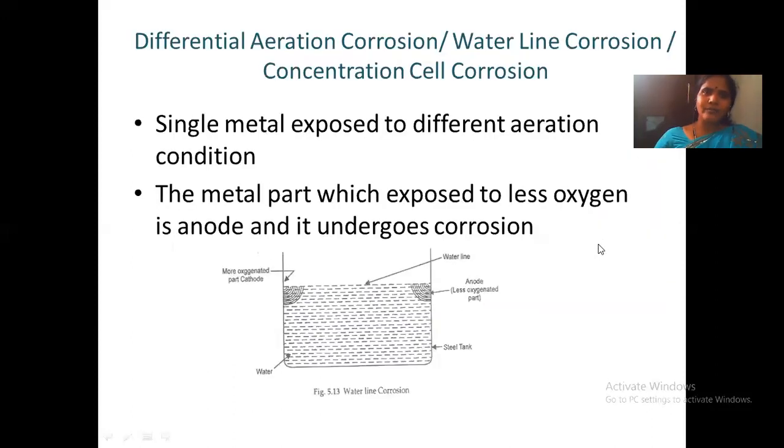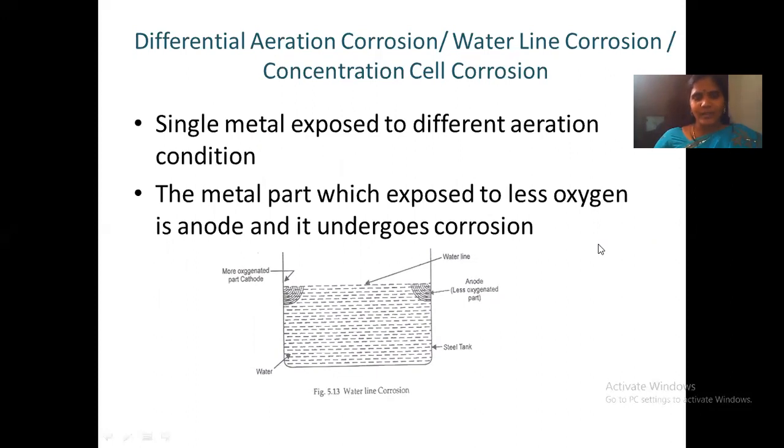The second type of corrosion is differential aeration corrosion, which we can also call concentration cell corrosion, or even waterline corrosion. Here we are taking only one metal, and that one metal is under different conditions. A part of the metal is exposed to more oxygen, and another part is exposed to less oxygen.